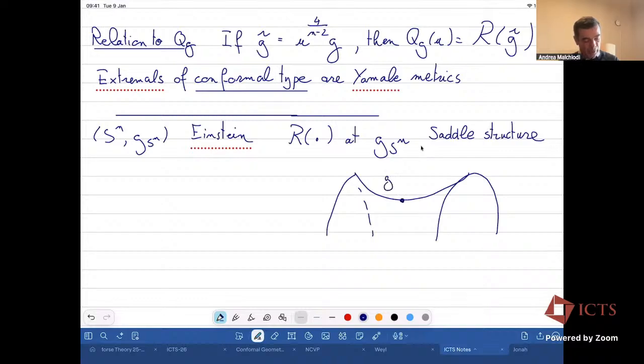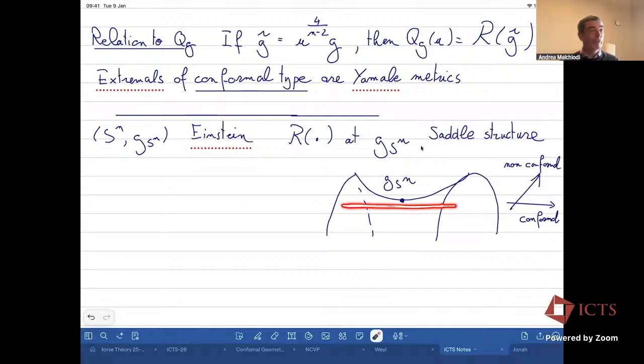In the conformal directions, it's a minimum. But in the orthogonal, non-conformal directions, it's a maximum. If you do a conformal deformation, then the round metric is a minimum. If you consider non-conformal deformations in this way, then it's a maximum.